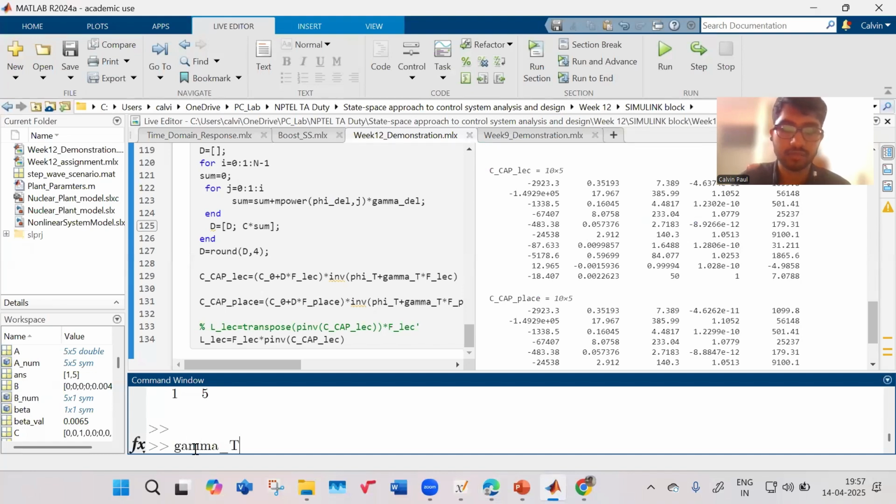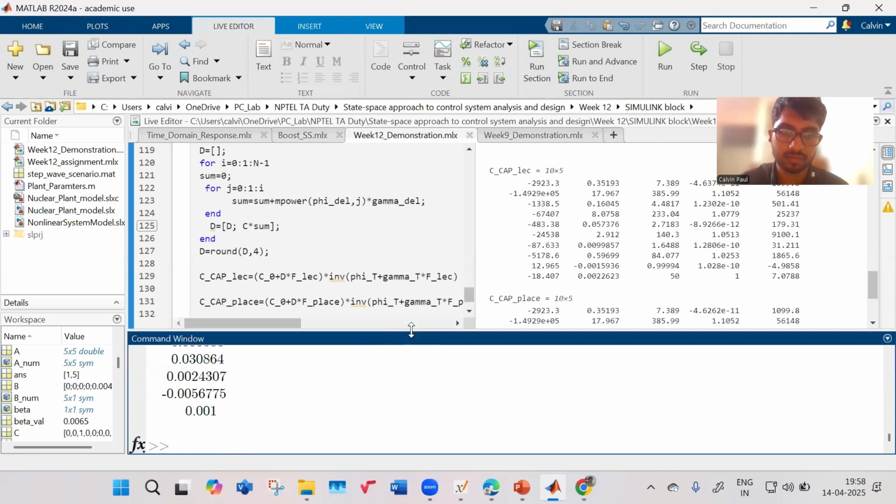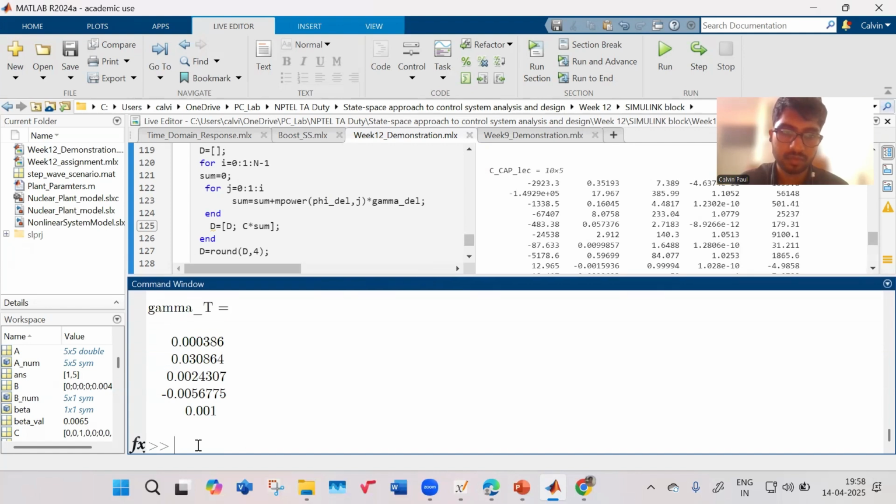This is actually gamma T. This is our gamma T. This actually is expm of A into T. Let's see what is A. So expm of A into T minus eye of 2, into inverse of A into B. Why is it not happening?